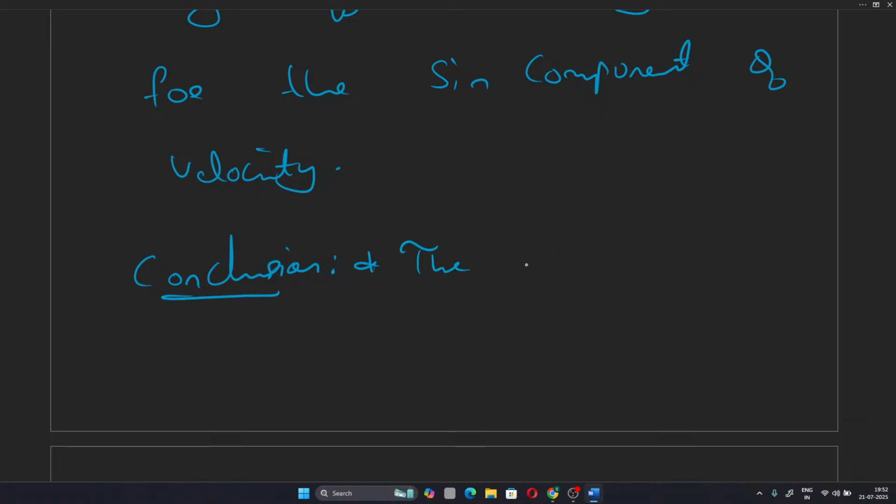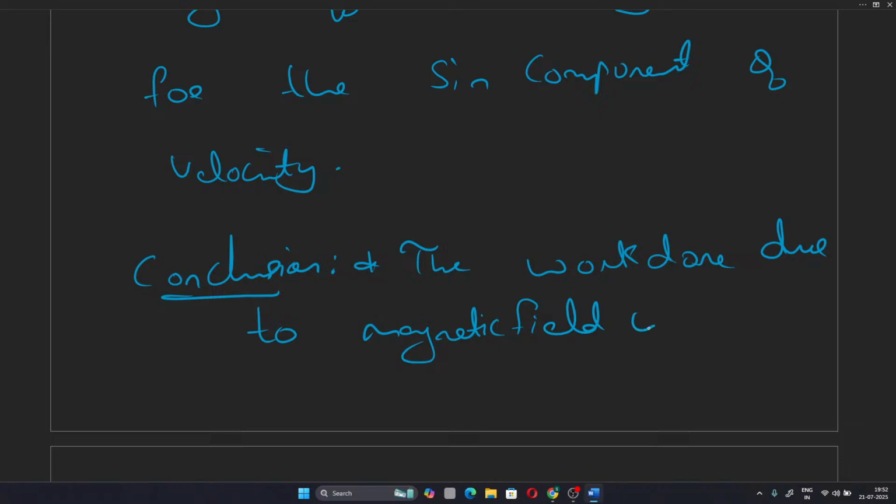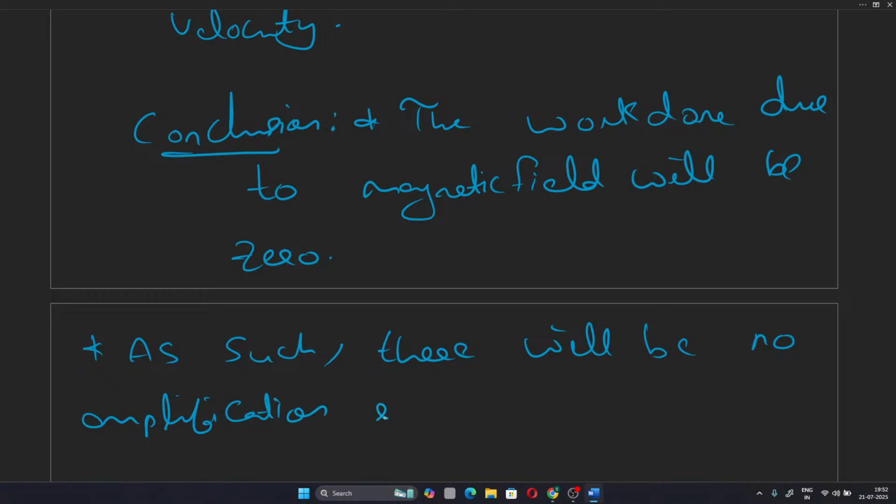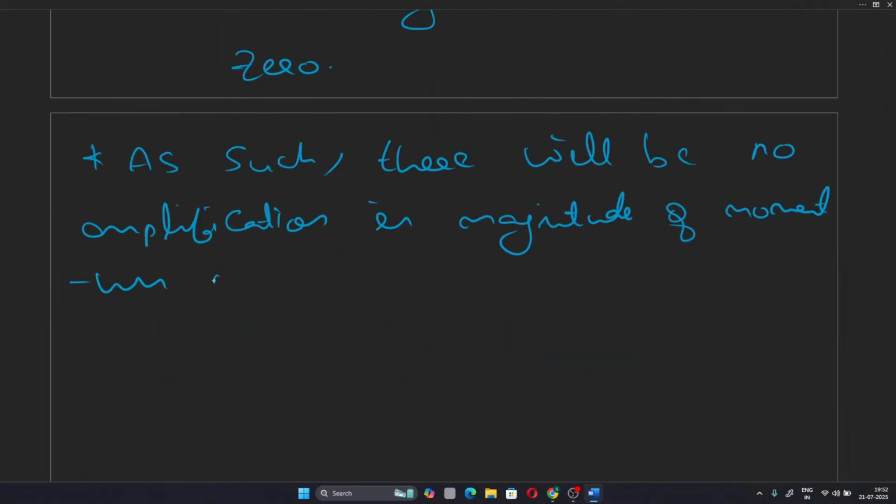The work done due to magnetic field will be zero, and as such there will be no amplification in magnitude of momentum of the body, but only a change in direction.